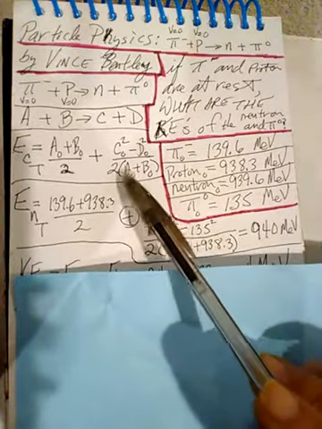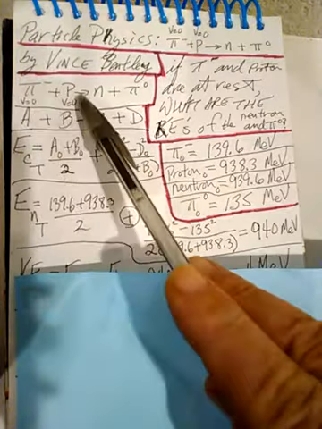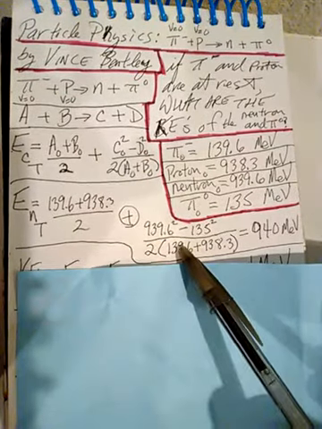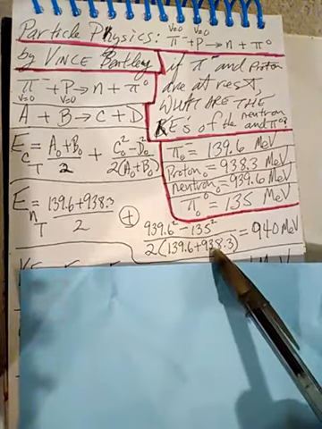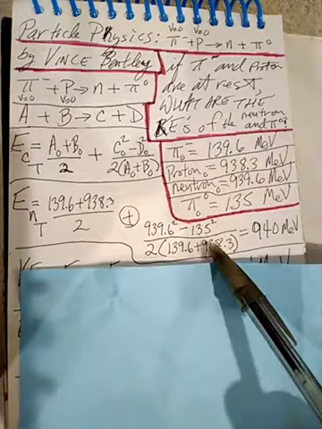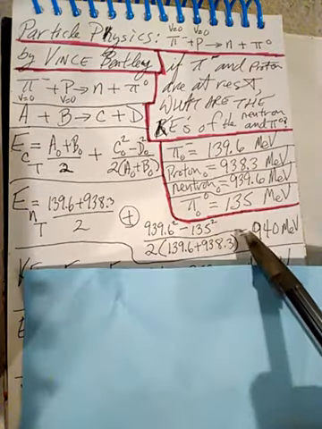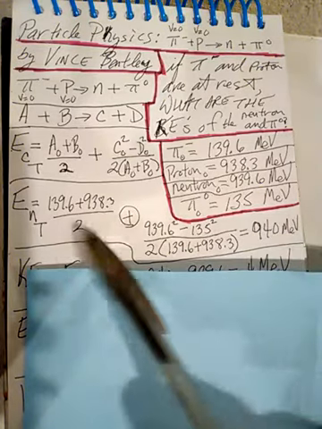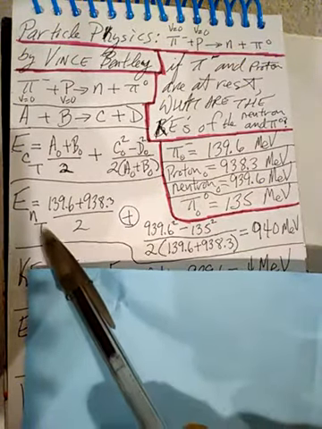And then these two were the A and B, the pi minus and the proton. And if you calculate that, we'll get 940 MeV as the neutron's total energy.